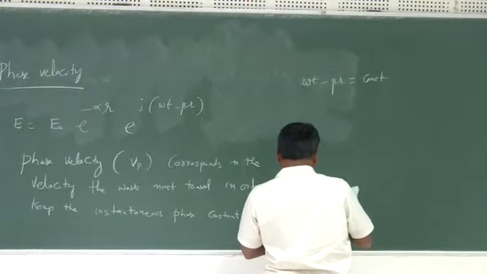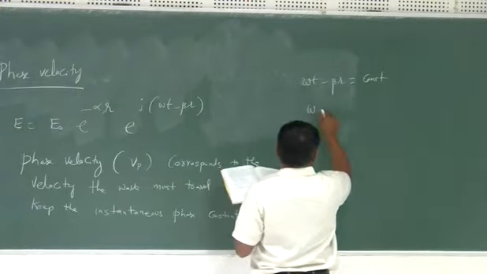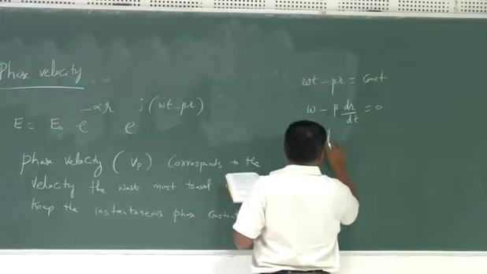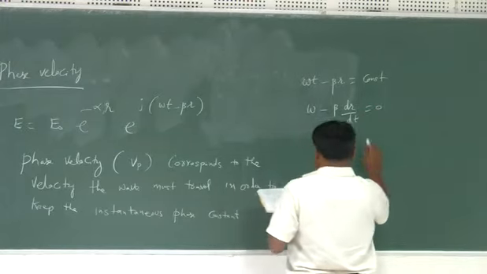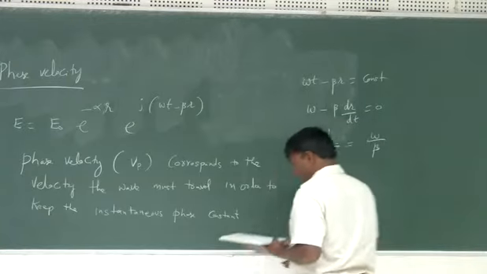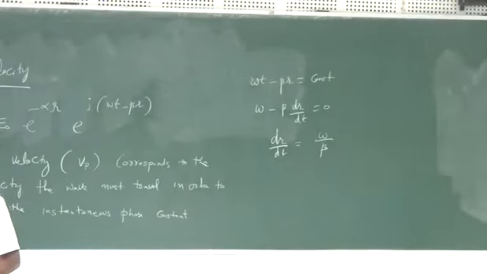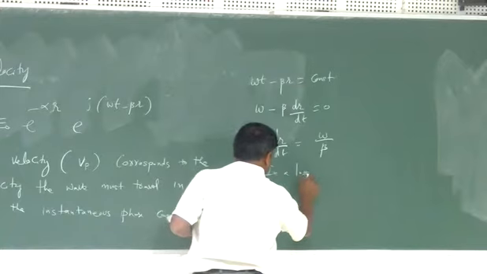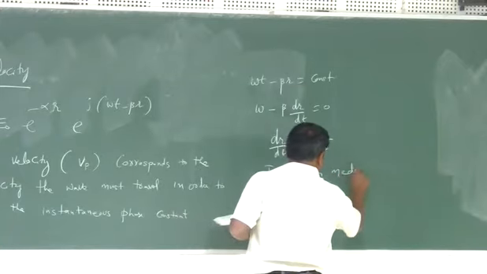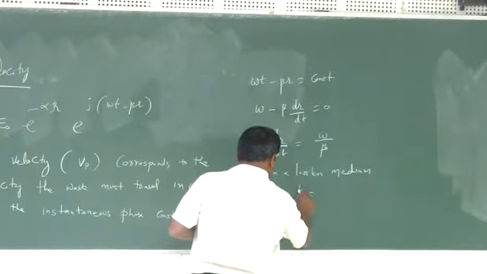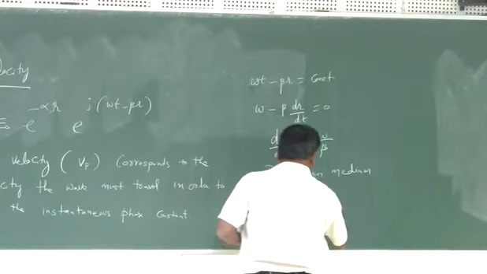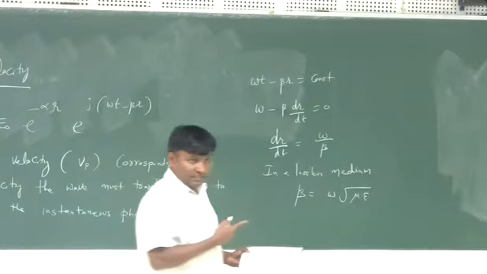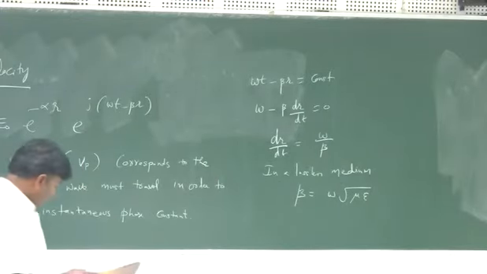Differentiate on both sides. In a lossless medium, beta is equal to omega into square root of mu epsilon, that we discussed last time. Here mu is the magnetic permeability.